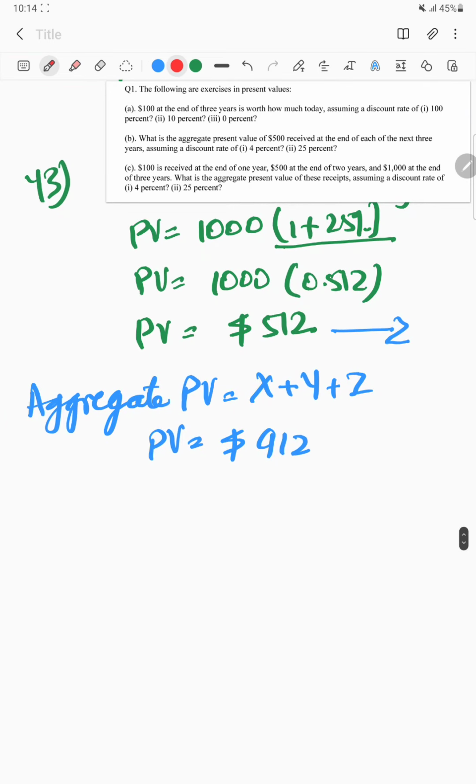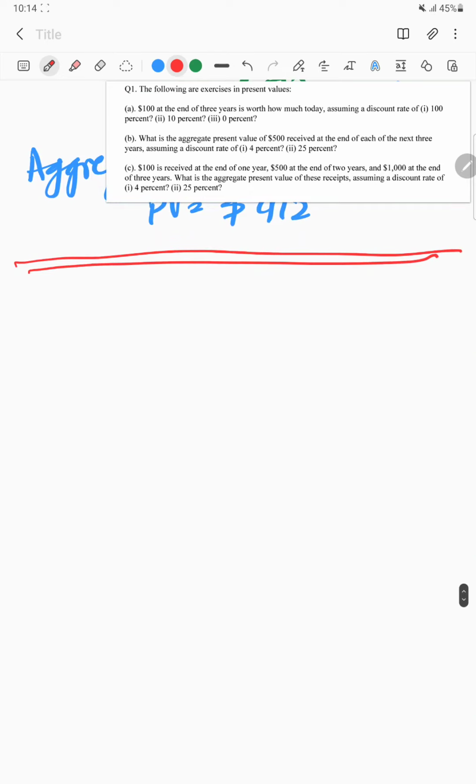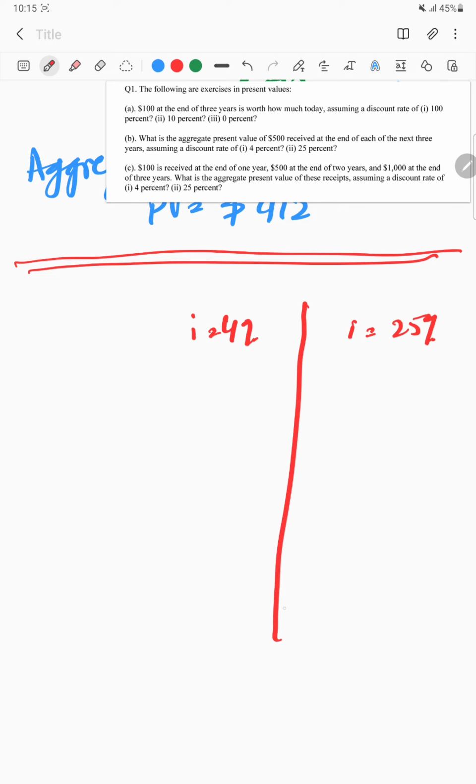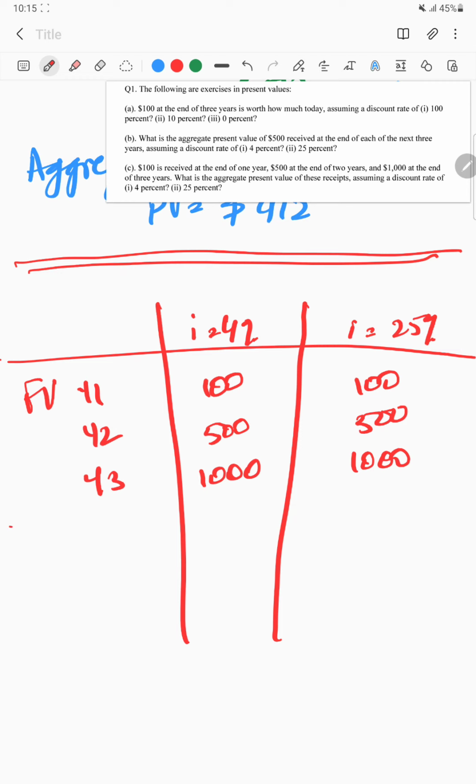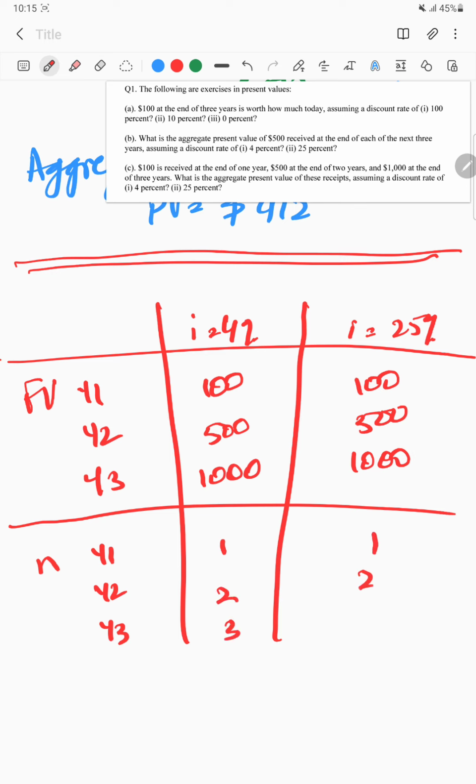So let's evaluate both the answers in a deeper manner. Where i equals 4% and where i equals 25%. Future value at year 1 is 100, year 2 is 500, year 3 is 1000, and for year 1, 2, 3 for each.